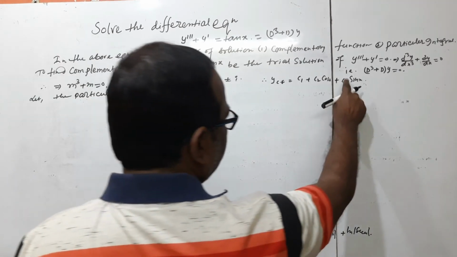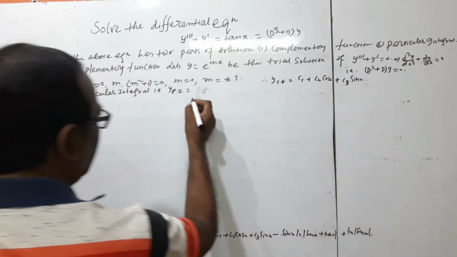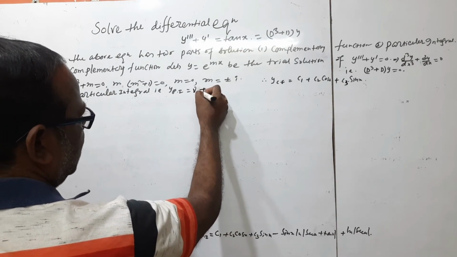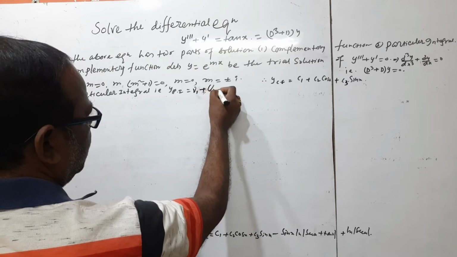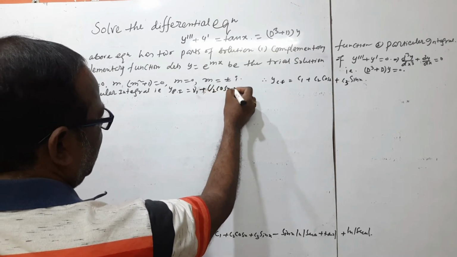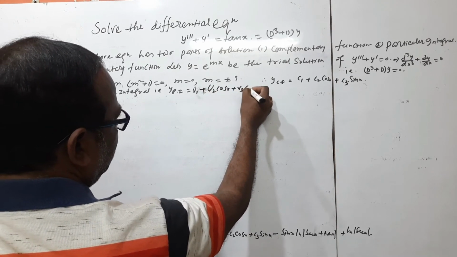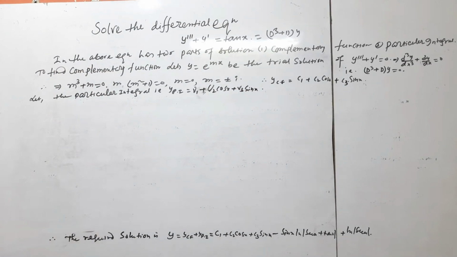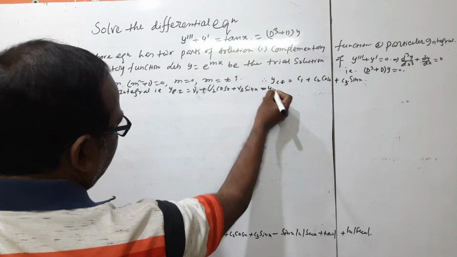Let us assume these three constants as variation parameters, that is V1 plus V2 into cos x plus V3 into sin x. Now this is y suffix PI.